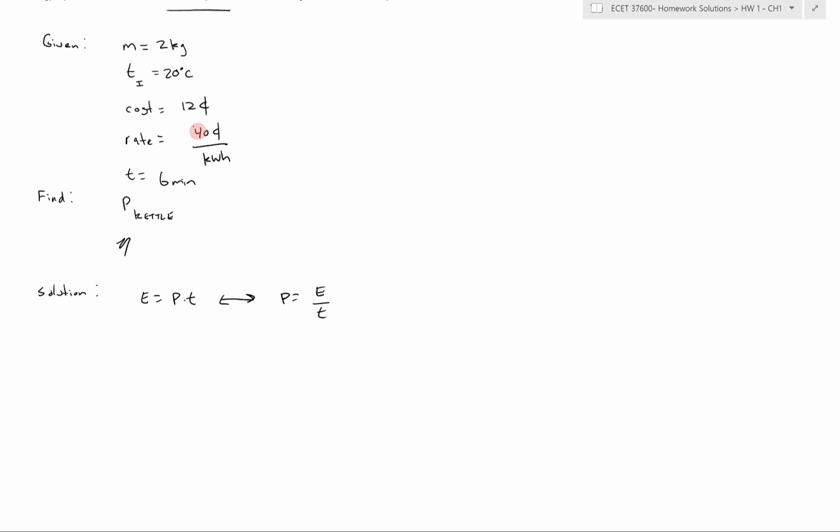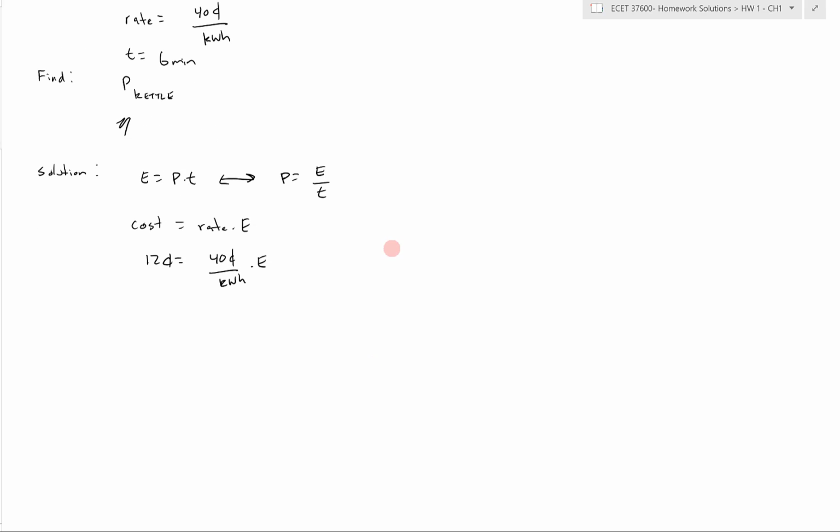So what we know is that the total cost in cents is going to be equal to the rate times the total energy used. If we were to set that up, we'd say 12 cents is equal to 40 cents per kWh times the energy that was used in the system, right? So 12 cents equals 40 cents times energy.